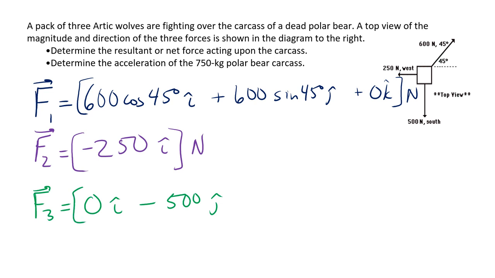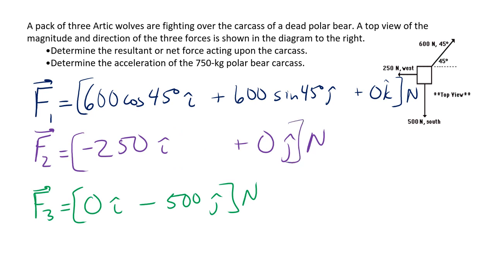Now notice I didn't put J hat in force 2, but I could have. I could have also put K hat here. It just would be a 0, right? So I could have done a 0 J hat here to fill in this equation more.